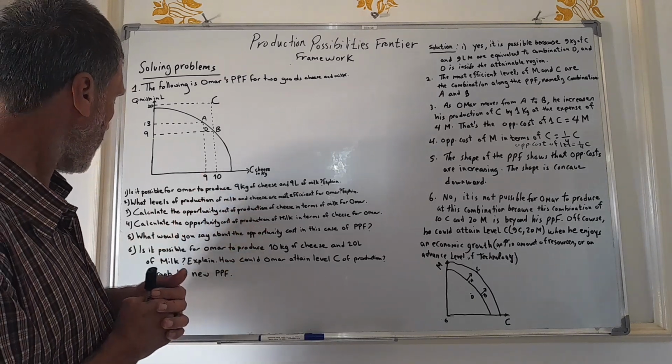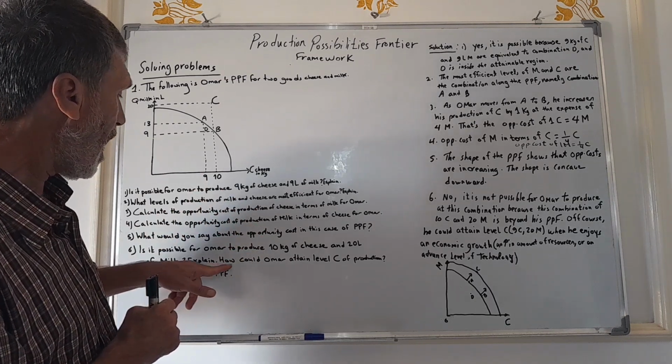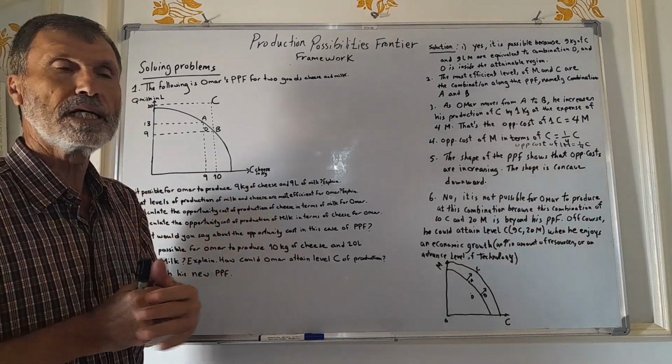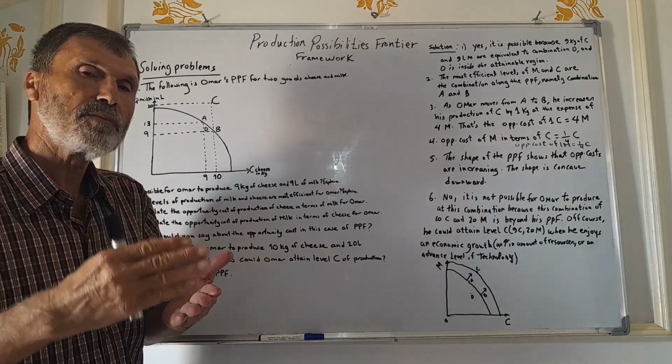Now the question says, explain how Omar could attain level C of production. We have already talked about this. We said through economic growth.